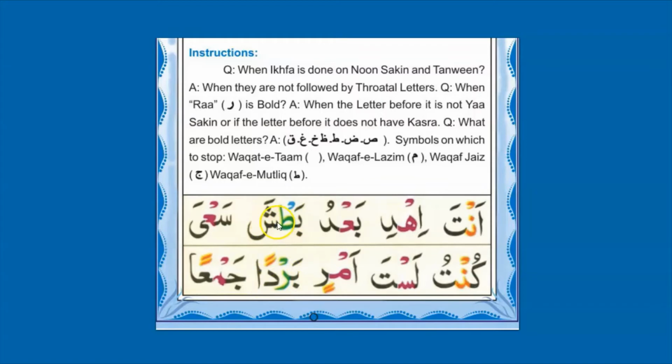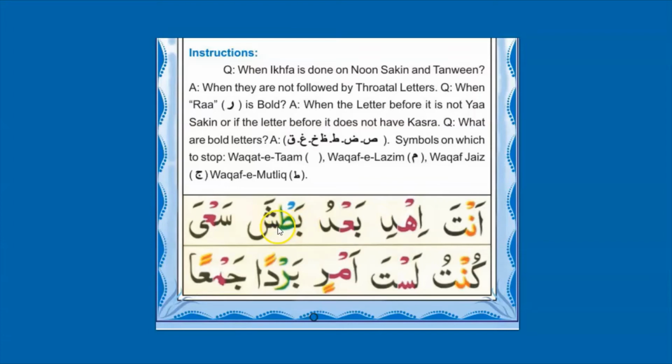And also in Batosha, we have to do Qalqala here. As we have studied, there were five letters, which were Qa, Ta, Ba, Jim, Dal. When they become Sakin, we have to make a kind of jump in the sound.